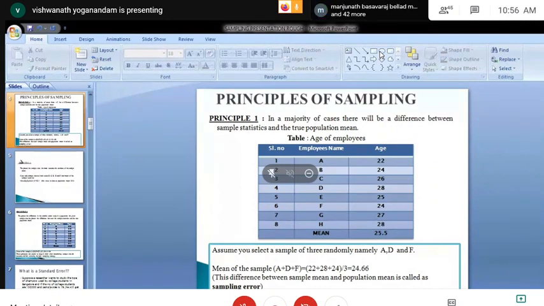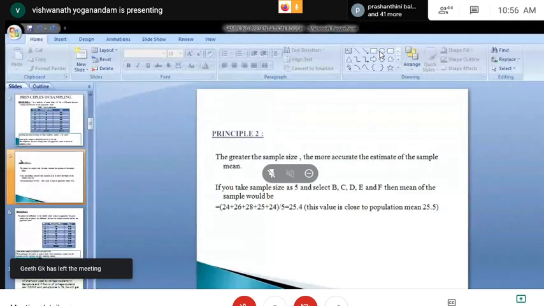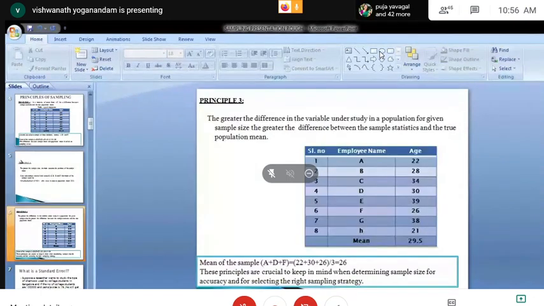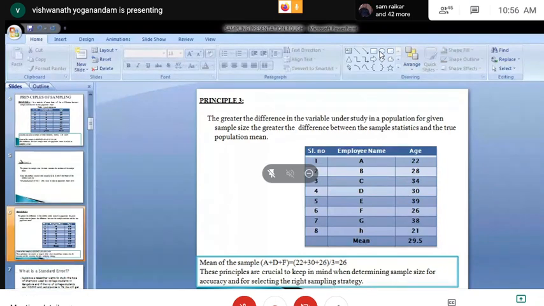And second one is, when you increase the sample size, sampling error will decrease. Next one is if the variable under study is very different, then the sampling error will be high. So you should take a homogeneous population for the sample. In other words, we will discuss that later.